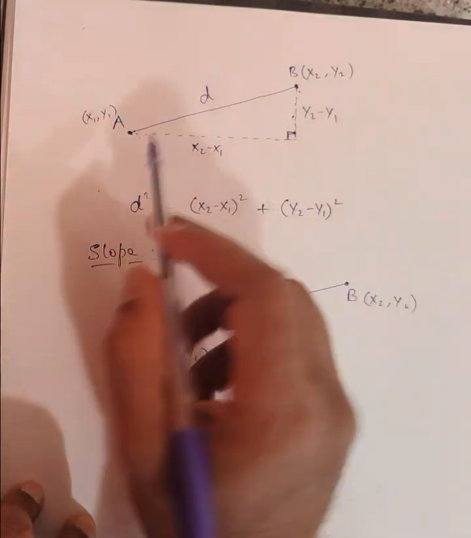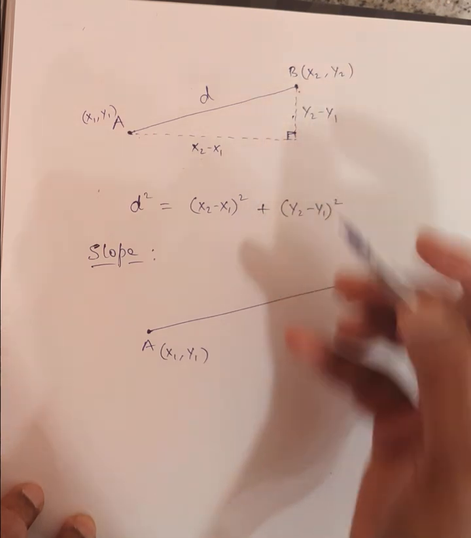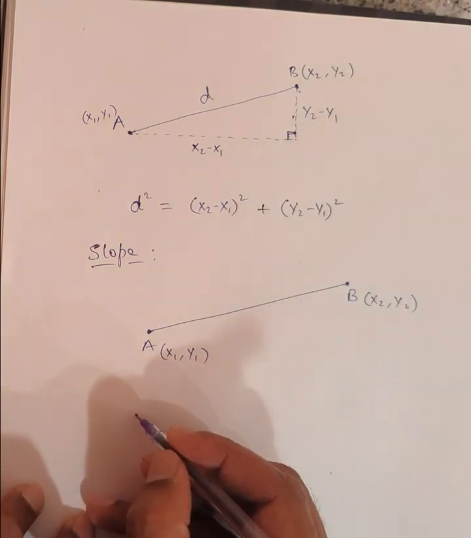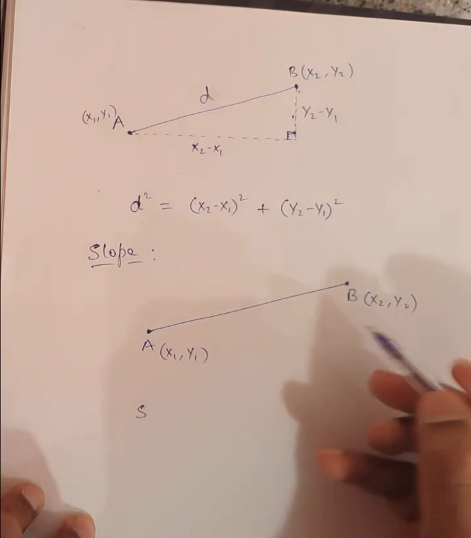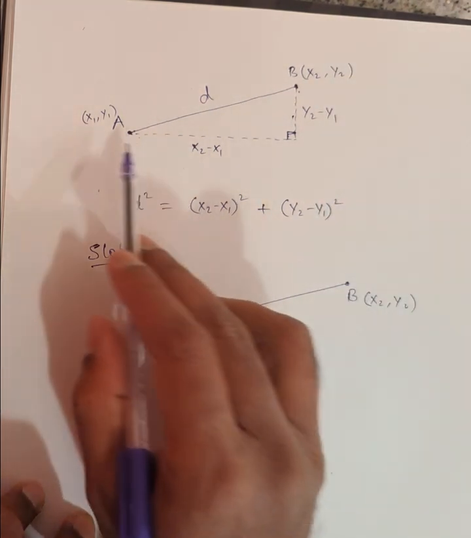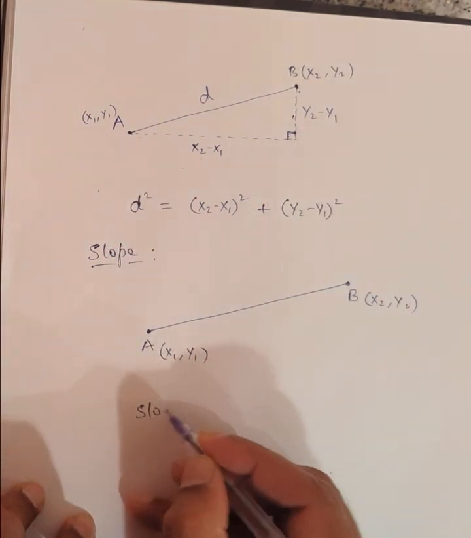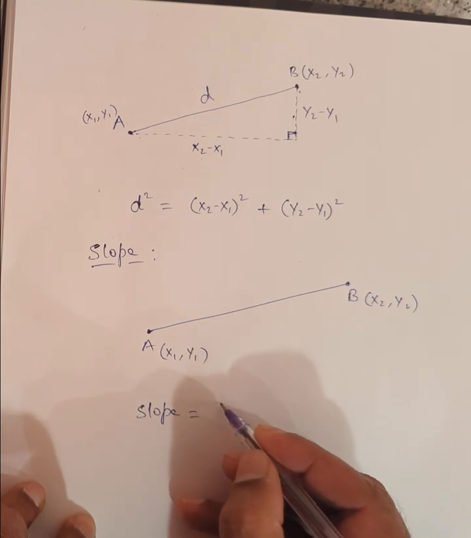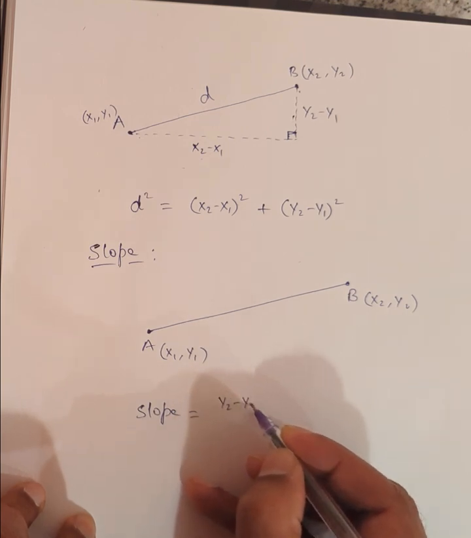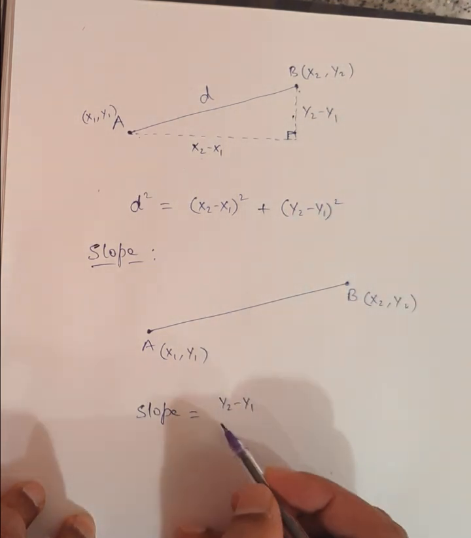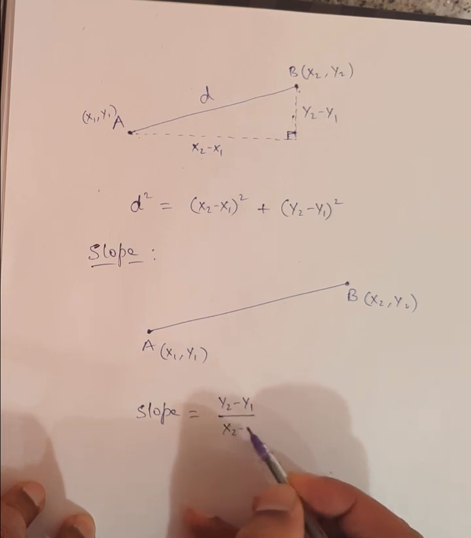In this picture, the rise is y2 minus y1 and the run is x2 minus x1. So I can write the slope as y2 minus y1, which is the rise, over x2 minus x1.